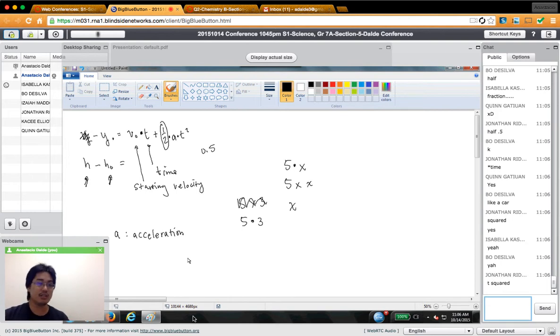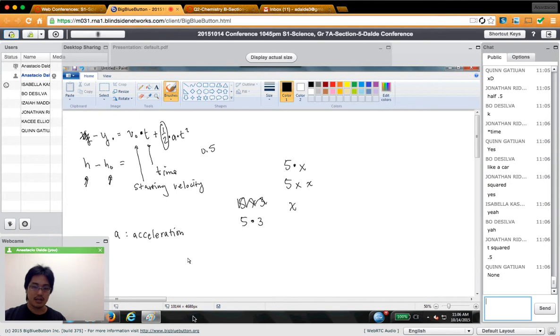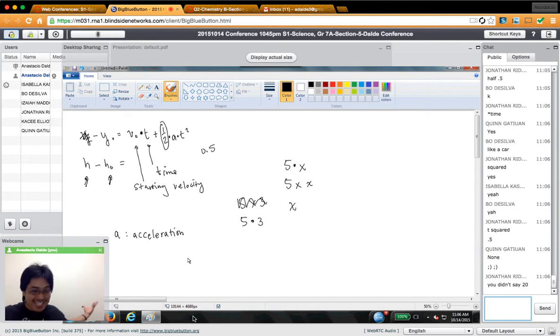What is your acceleration? None. Exactly. There is no acceleration. Why? Because I told you, you're going at a constant 20 miles per hour, and I told you acceleration was the change in speed. So how fast is your speed changing? It's not changing.